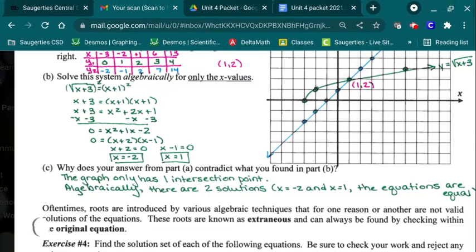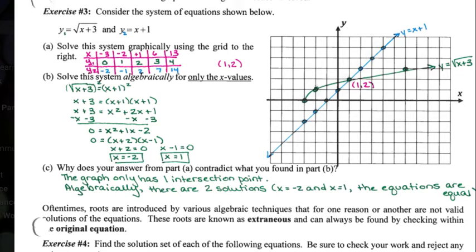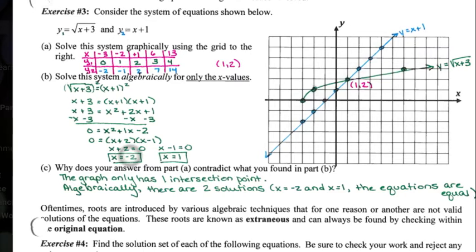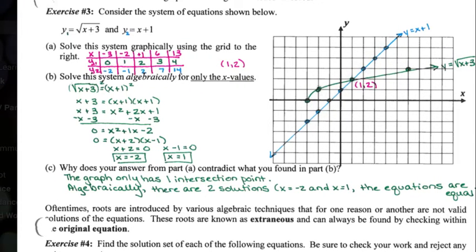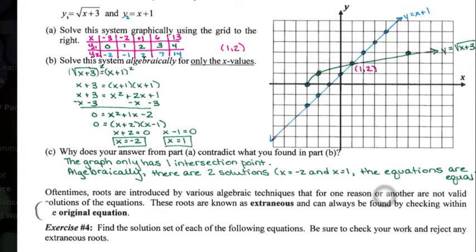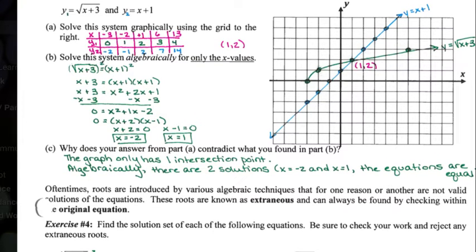So what that means, let's see, is it going to let me write? It's not going to let me write. Our x answer is x equals 1. That's here. So what happened is this answer, x equals negative 2, is called extraneous. Our graph only has one intersection point, but when we used algebra, we found two solutions.